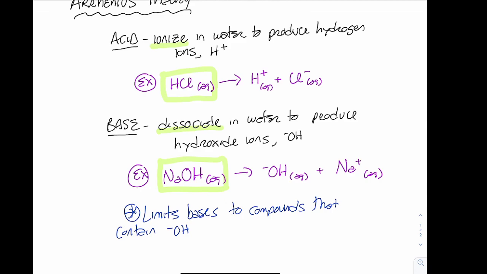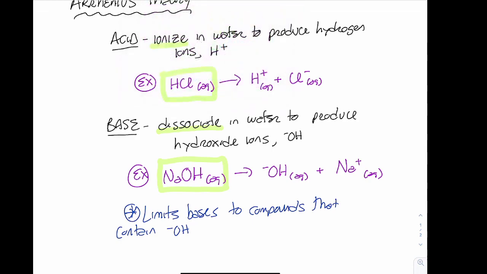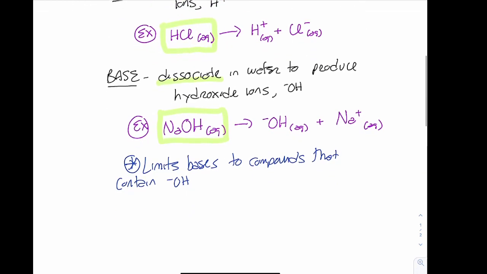If you came up with that hydrogen bonded to chlorine is a covalent bond, so I could call it a molecule, a covalently bonded compound, and then sodium bonded to hydroxide is ionic, then great, because that's the difference. The reason I'm using different terms is, remember, if we use our solubility rules from the past, sodium has a positive charge.